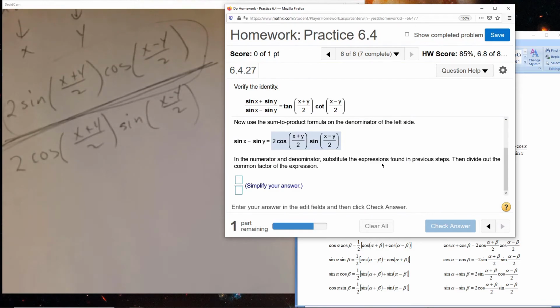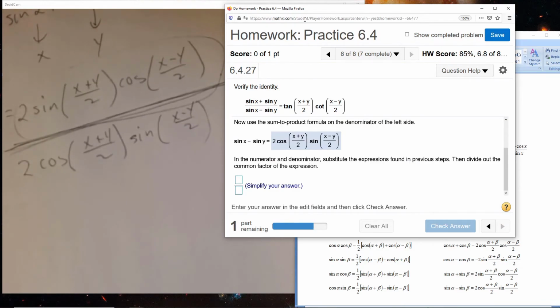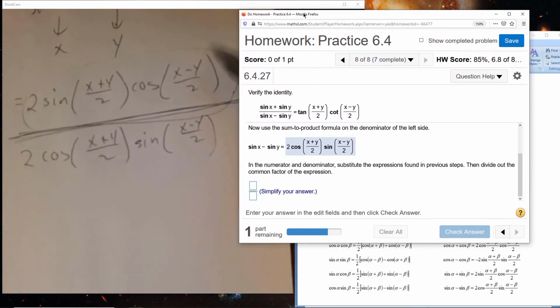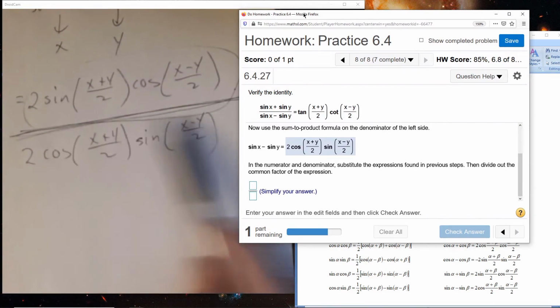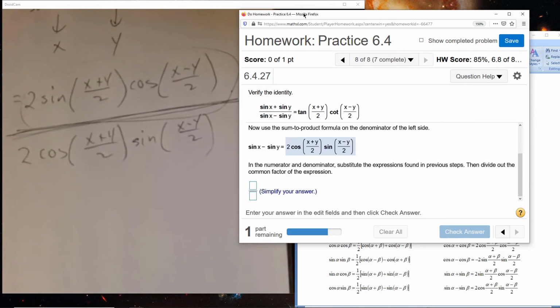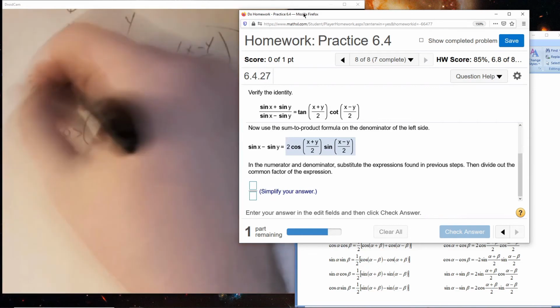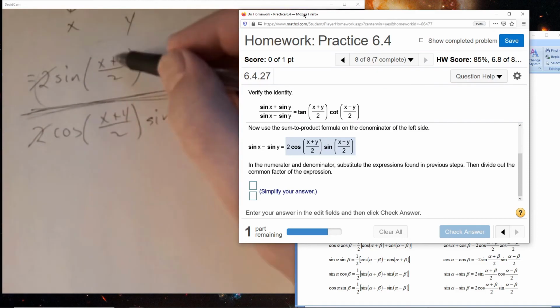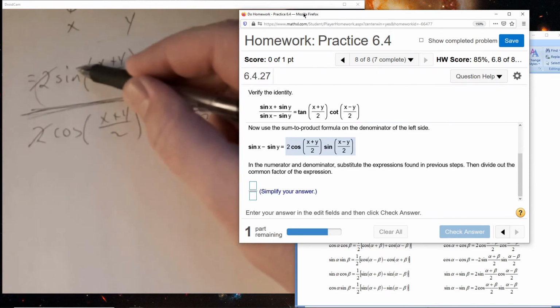All right, now they want us to look at the entire fraction here. So I got my sloppy division bar there. And the 2's will divide out. These arguments, the argument is the entire expression that goes in the function here.